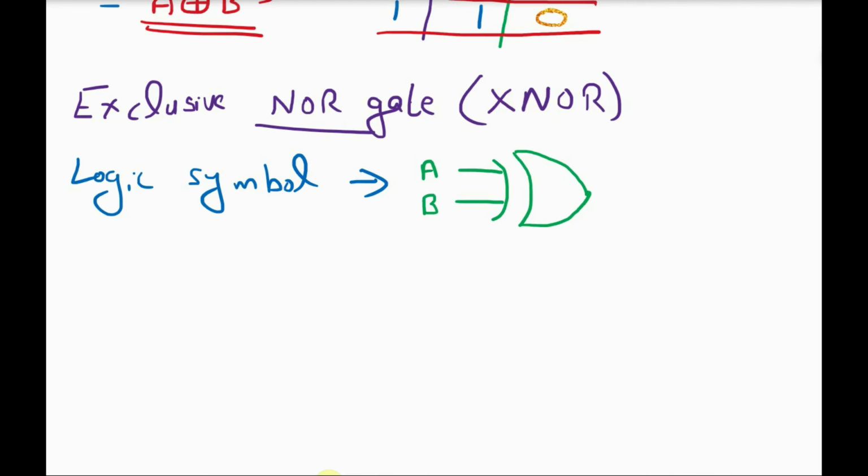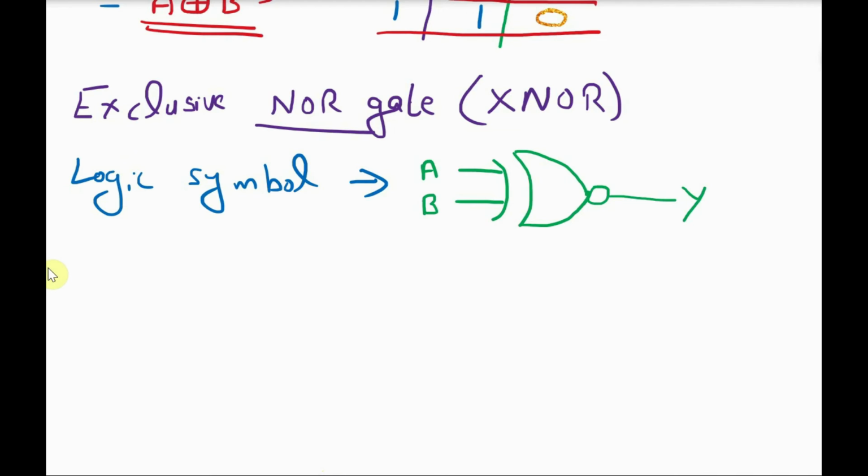Taking the opposite of XOR gate means first find the XOR operation and then negate it. This is the negation operator, that is the inverter operator, the round symbol, at the output. So first find the XOR operation and invert it. This is the symbol of XNOR gate.